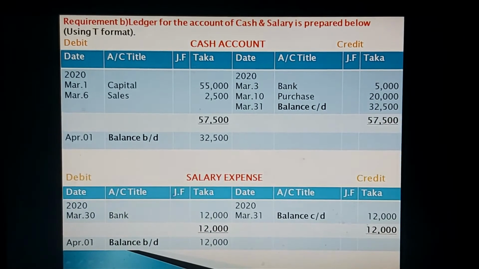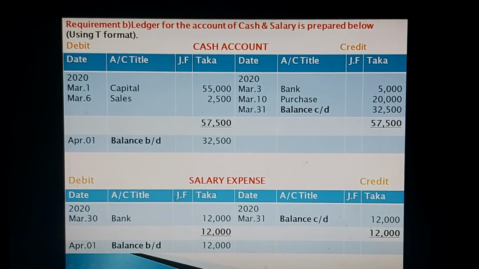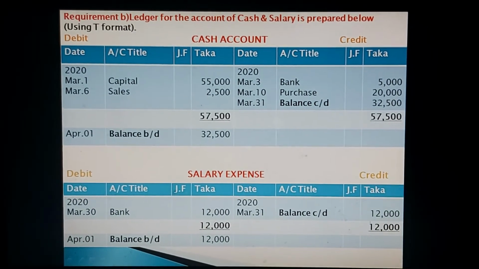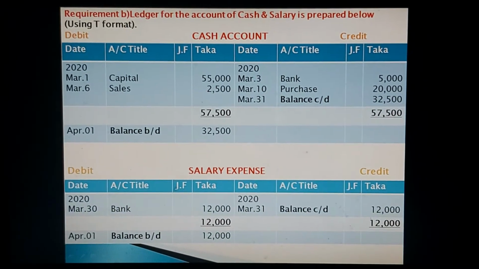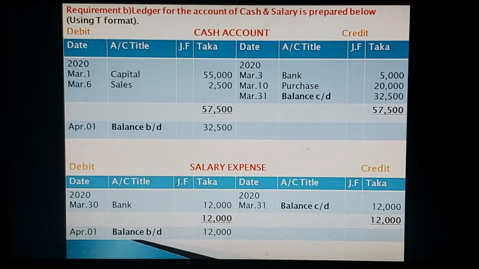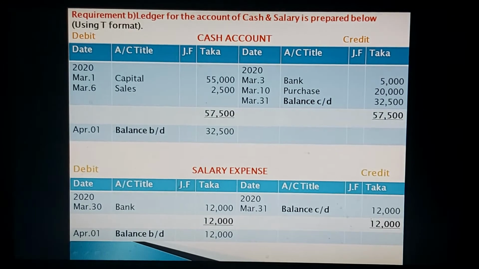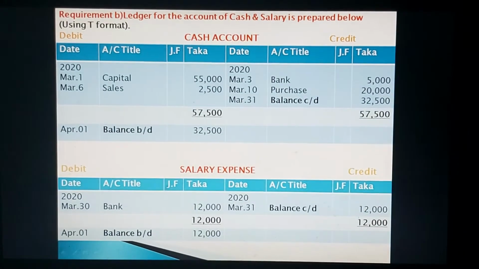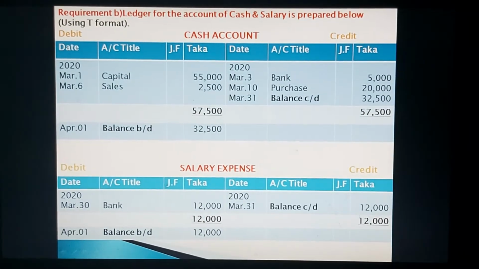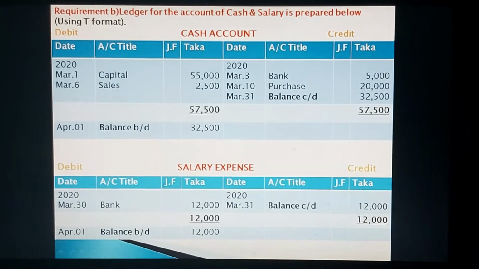So you have opened a cash account. At this moment you have to write in the account title column the opposite account. For the first transaction, March 1, cash account debit, capital account credit. We have gone to the debit side, but in the account title column you have to write the capital account for 55,000.